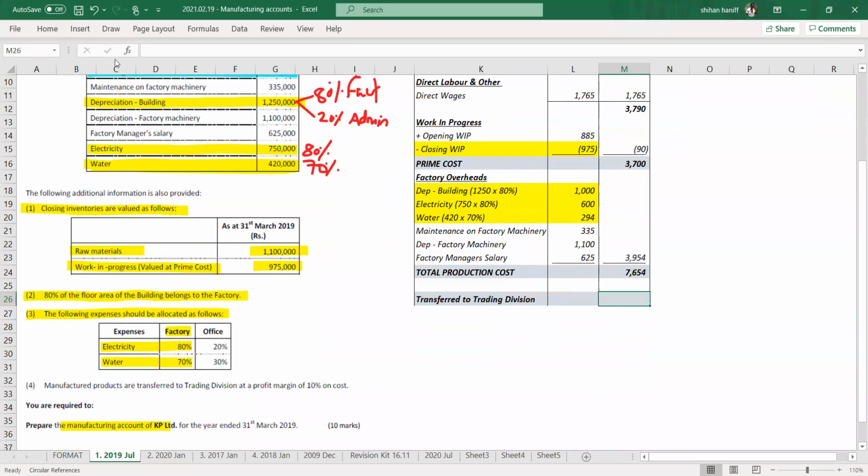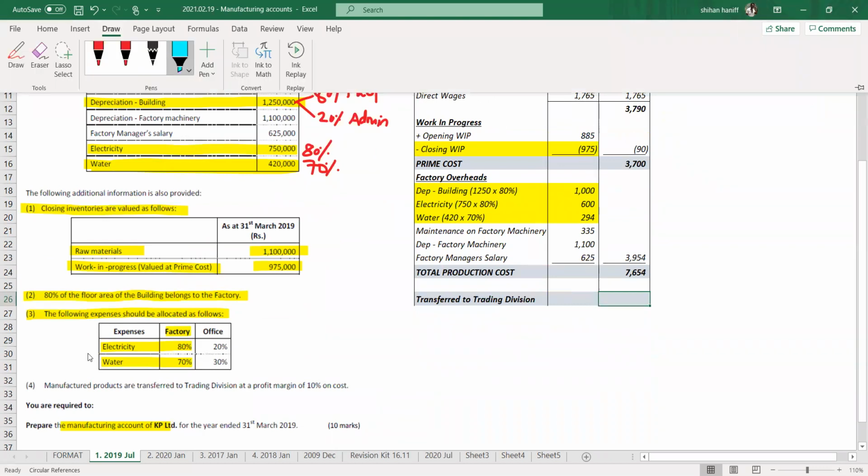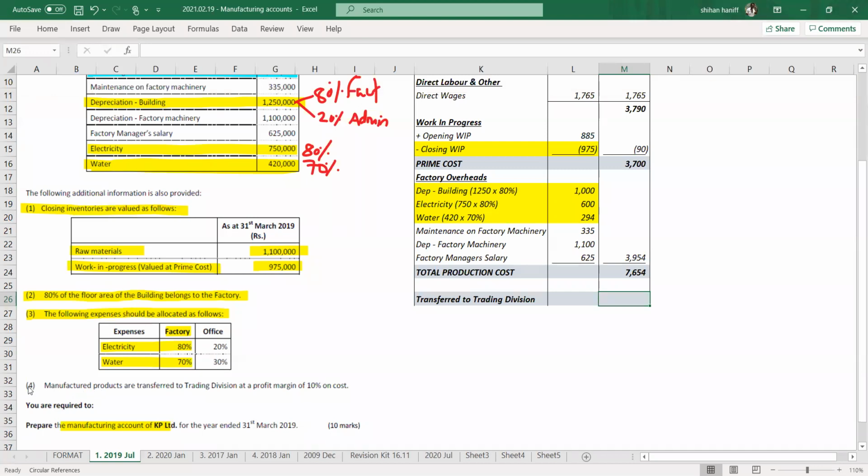Then the question says about profit margin. Manufactured products are transferred to the trading division at a profit margin of 10% on cost. So from this total production cost, we will add a profit margin of 10% on cost, which is 765.4.